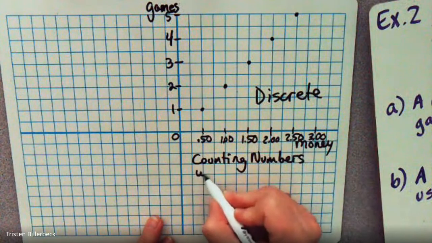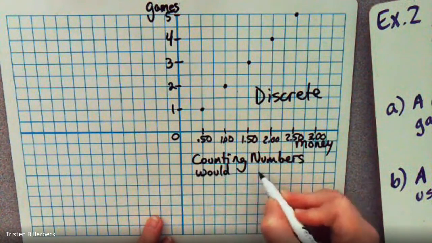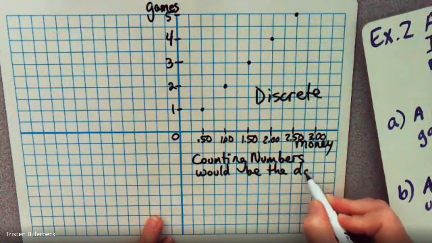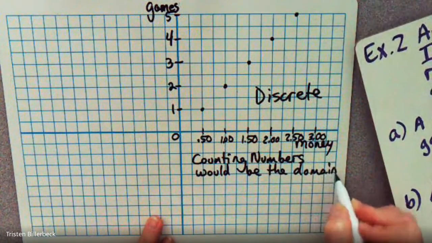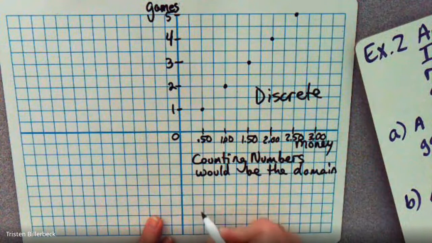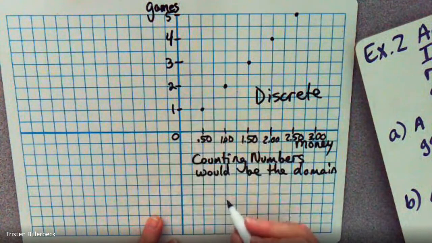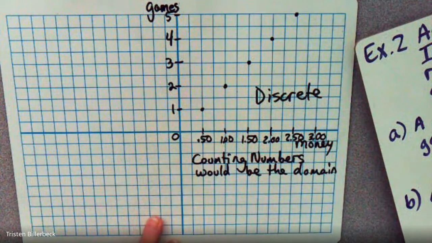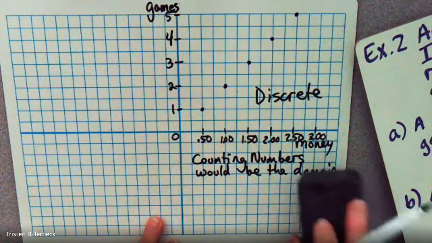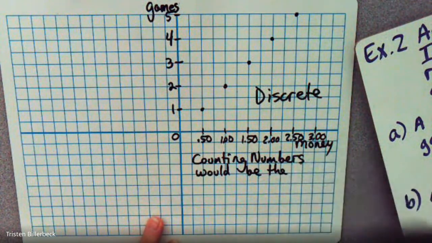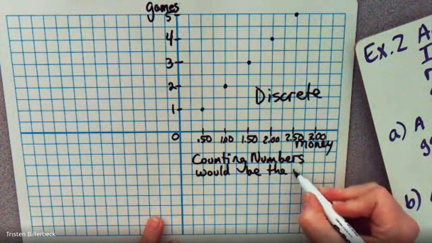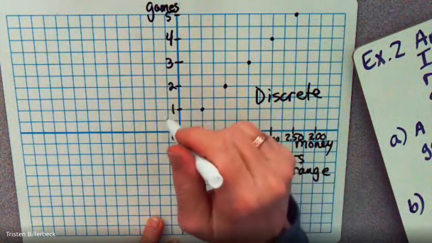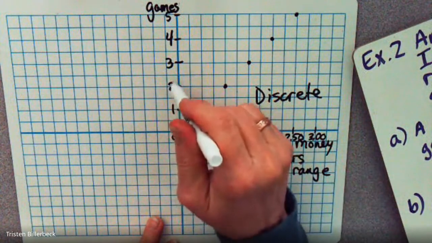Would be the domain. Oh wait, the domain is not counting numbers. That's the range, because that's what we're playing, our games. So our range is counting numbers.